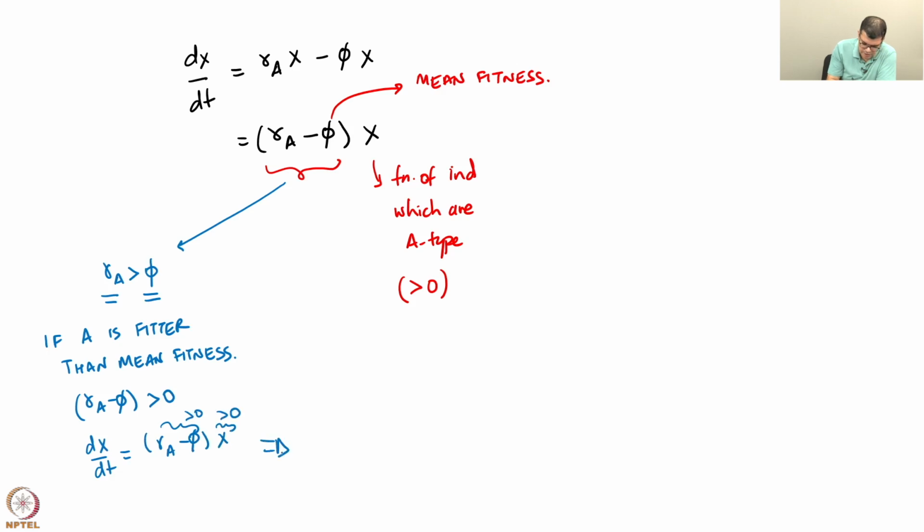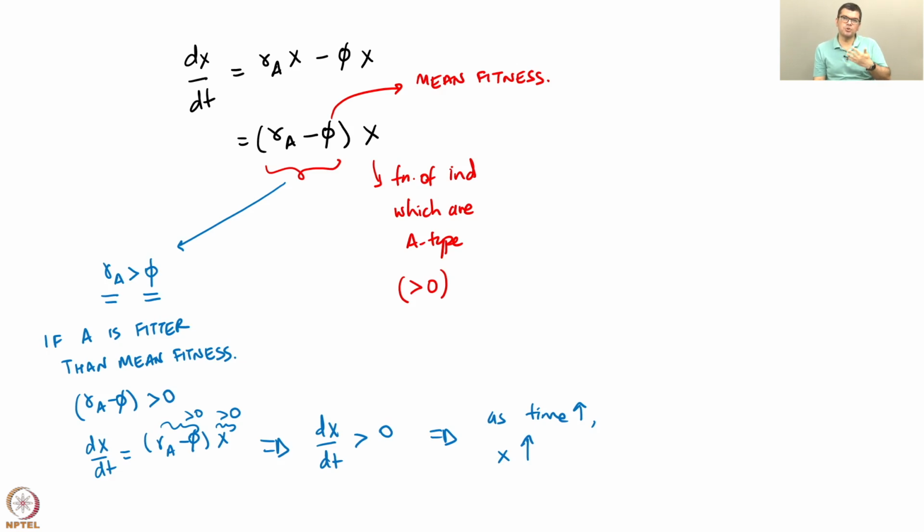This implies dx by dt is greater than 0, which implies as time increases x increases. And that is not surprising, because x is the fraction of A type individuals, and A type individuals have a greater fitness than the mean.